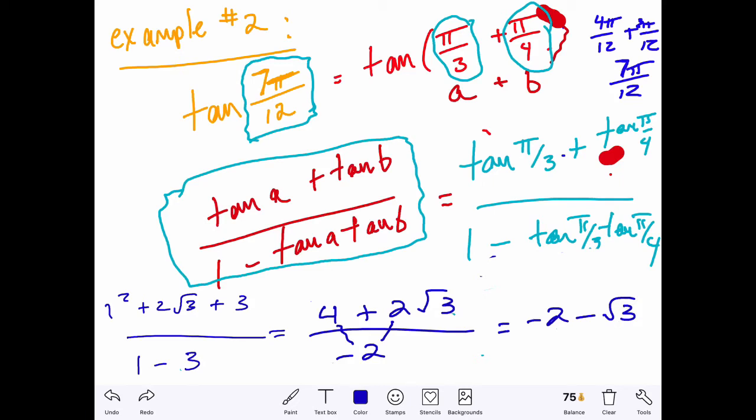Negative 2 minus root 3. Okay, so make sure when we're canceling this, it cancels to both quantities, and it has to only cancel the things outside. And if there's nothing that's outside that can cancel to both, then we're going to leave it as is. But this goes into both 4 and 2. And then notice I canceled and reduced it, and the negative went with it when I did that too.